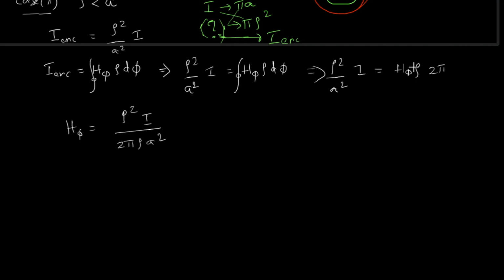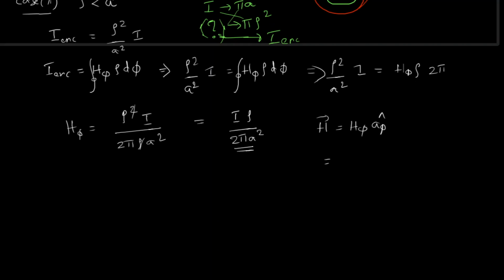Just bring this rho 2 pi to the other side. So I can cancel one rho, and I end up with I rho divided by 2 pi a square. So this is my H phi. So what is my H vector? H vector is nothing but the magnitude of H phi into the direction a phi cap.